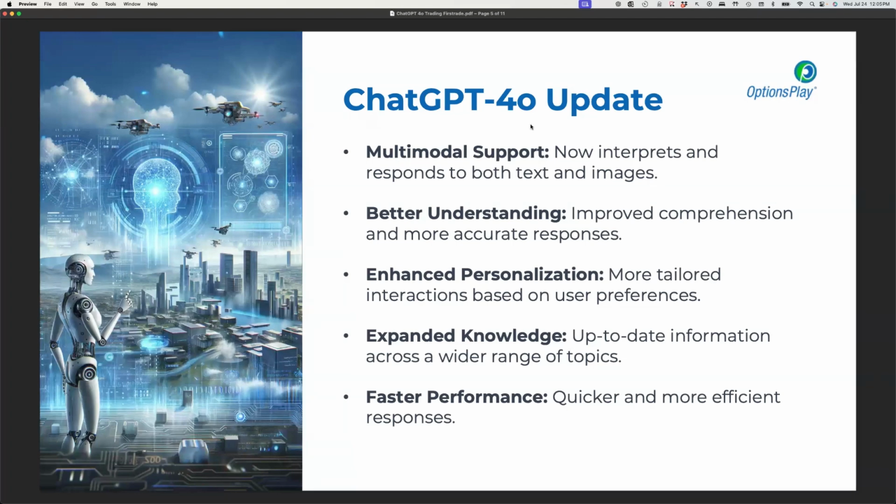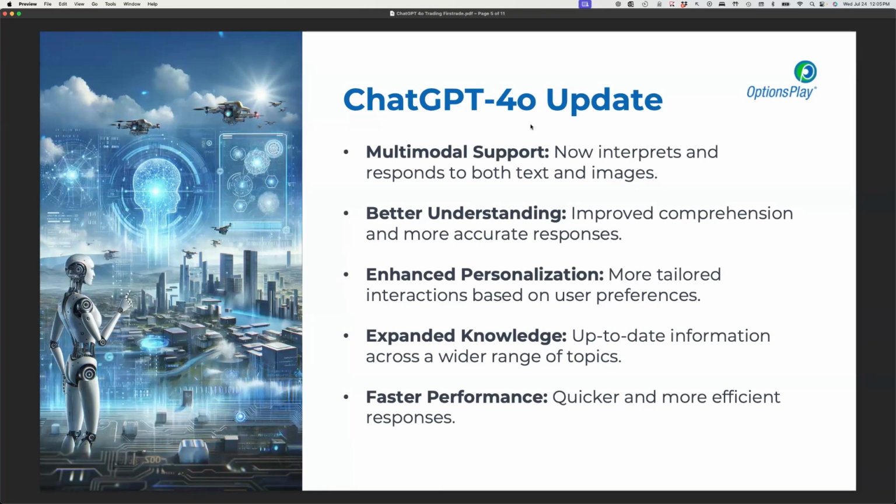So it's true multi-channel support now, and that is the most important update to what I'm going to show you here today, because you're going to be able to effectively have ChatGPT review things that you're looking at on your screen in real time and provide you with feedback.